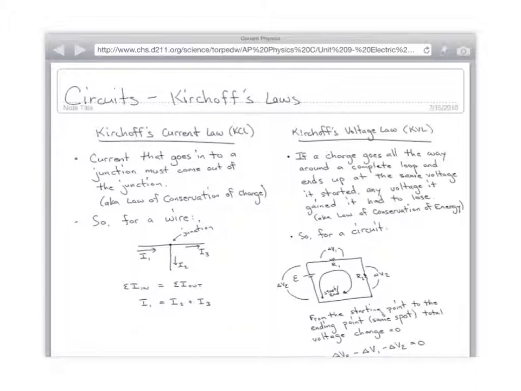If you want 1 amp of current, the voltage is going to drop very, very little to get 1 amp through. Whereas to get 1 amp of current through that resistor, it's going to take a lot of voltage difference from one side of the resistor to the other to drive the current through.